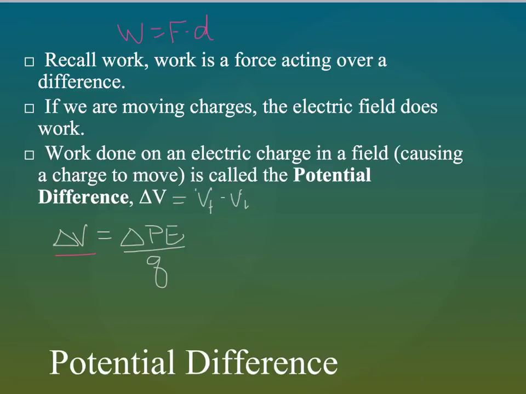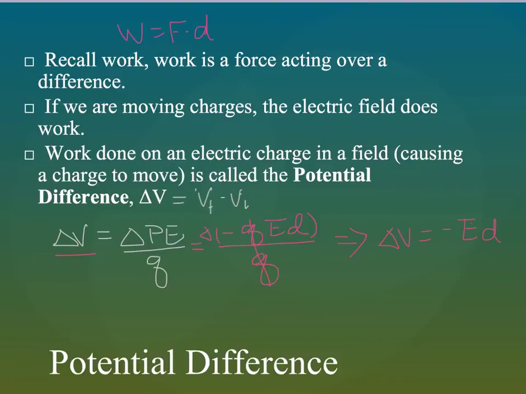When we plug in for our potential energy the equation we just learned, we get the negative QED, divided by Q. Oops, I forgot my delta in front of it. Then our charge will cancel out. And because the distance is really what's changing here, and that's the only thing that's changing, we can actually drop this delta symbol now. So this simplifies into delta V equals negative ED.